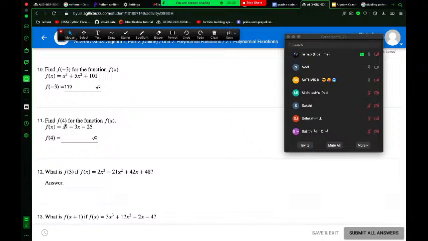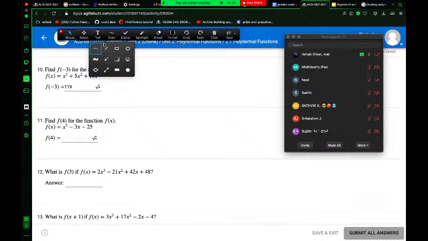No, you would do 4 to the power of 2 minus 3 times 4 minus 25, because as you can see over here, it says f of 2 for the function f of x, and f of x is defined over here.